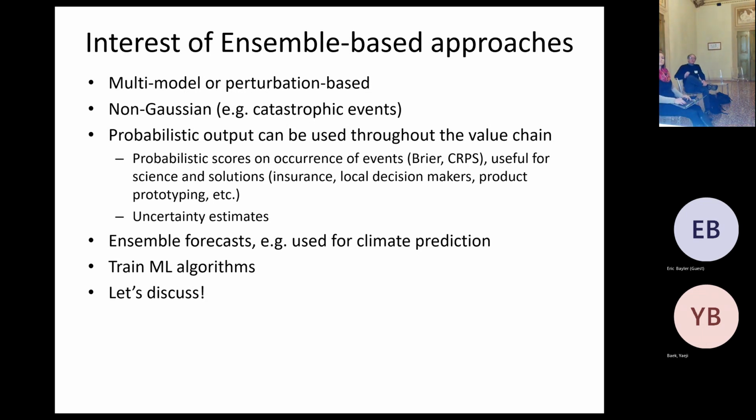When you have ensembles, you can make ensemble forecasts, which is used for climate prediction, but it can be used also for extreme events, to test how the system performs, and what the occurrence of hazards in the near future is. This can be used as a training base for machine learning algorithms.